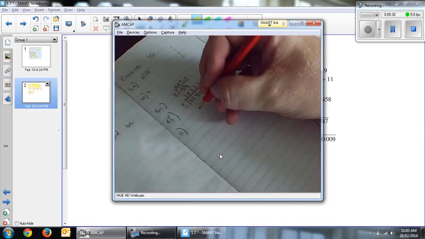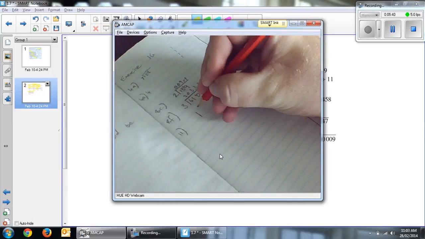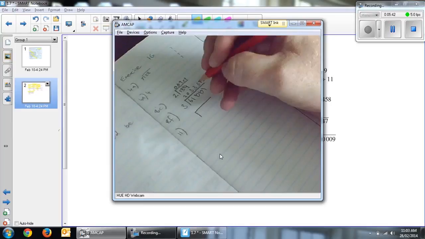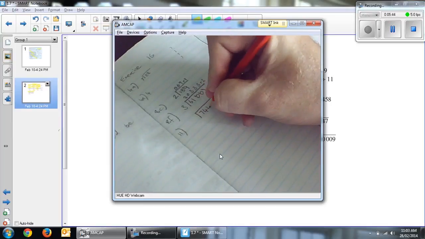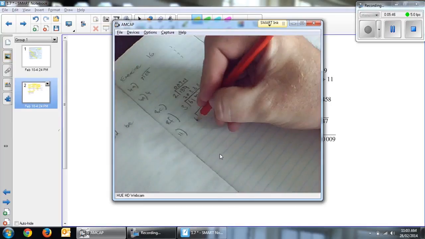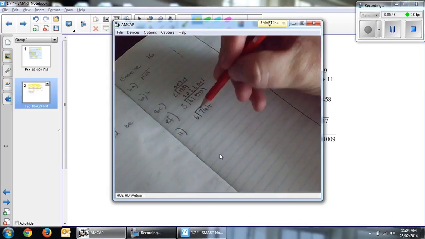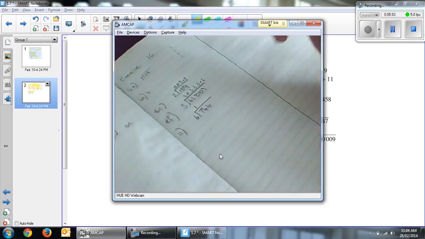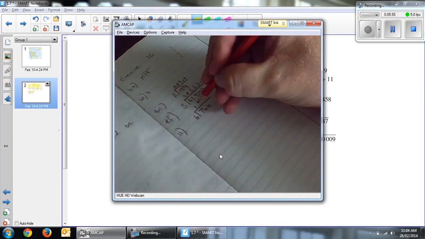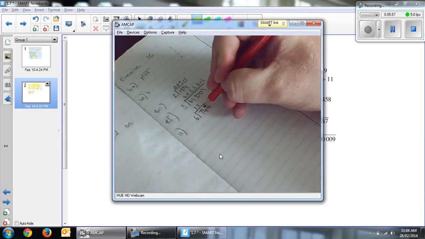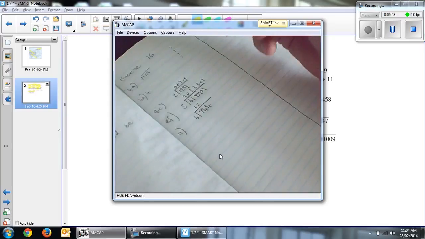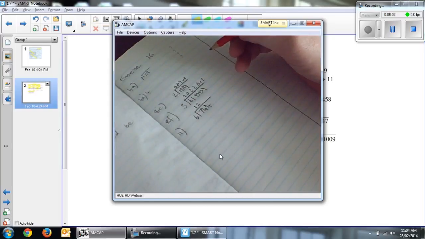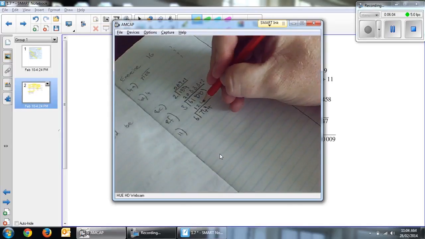We have 744 bottles on a truck, and they're all in packs of 6. So let's find out how many packs there are. 6 goes into 7 once, with 1 left over. 6 goes into 14 twice, with 2 left over. Put our 2 there. And 6 goes into 24 4 times.